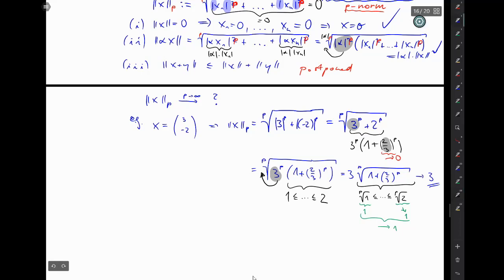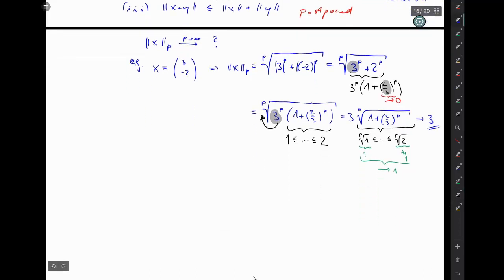So in general, we get that the pth norm of a vector x1 to xn converges as p goes to infinity to the largest of the moduli of x1 up to modulus xn.